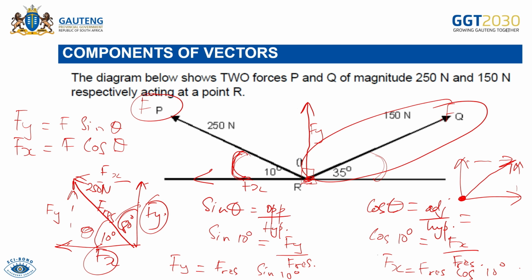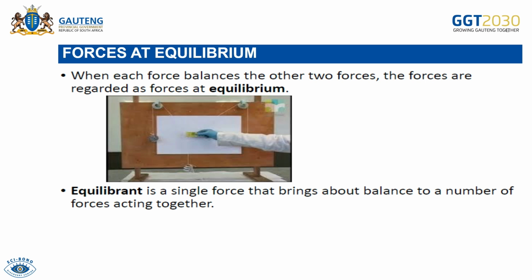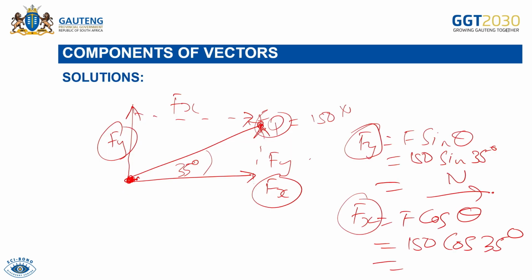These 2 forces are applied at an angle, so first thing that you need to do, resolve each force into its components. You have resolved for your Q, and then you also have resolved for your P. This is P, which is your Fy and your Fx. Okay?